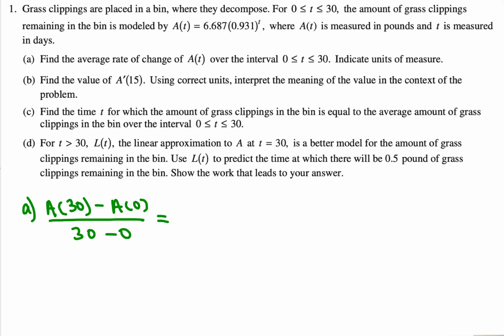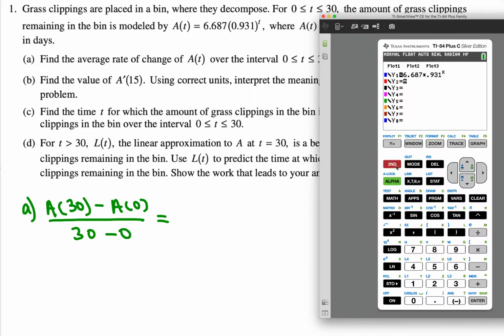So I'm going to make a fraction. Trace, open 30, so y sub 30 minus y sub 0. I'm plugging in 30 and 0, and 30 minus 0 is simply 30.